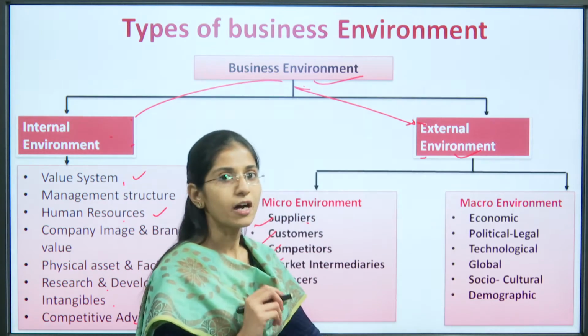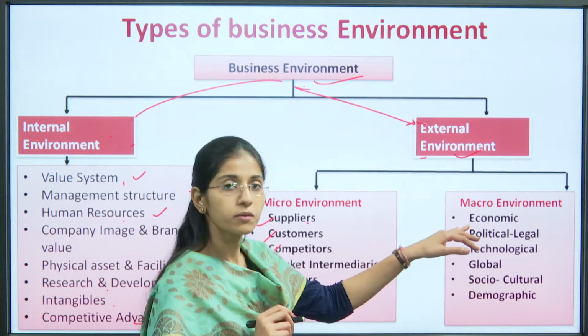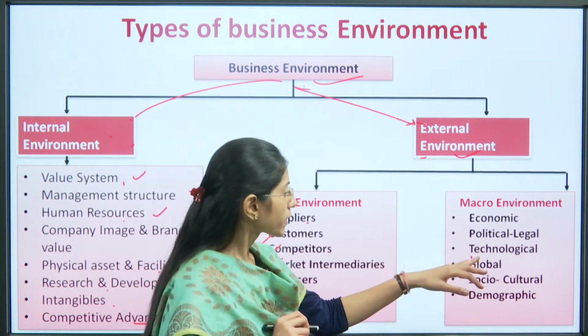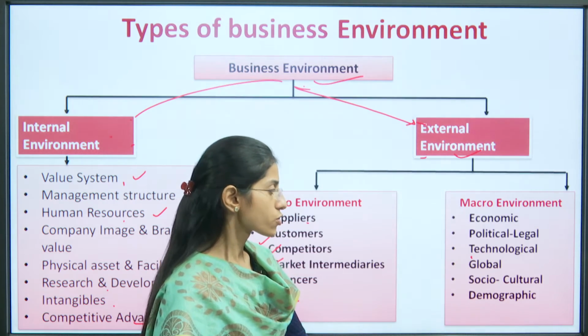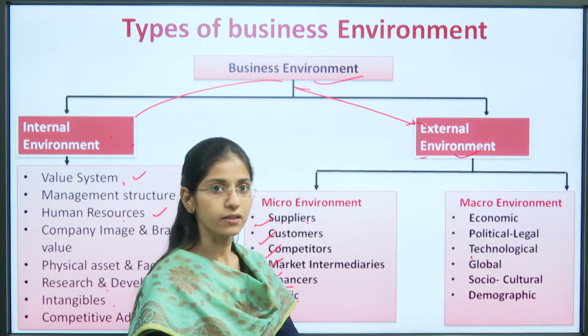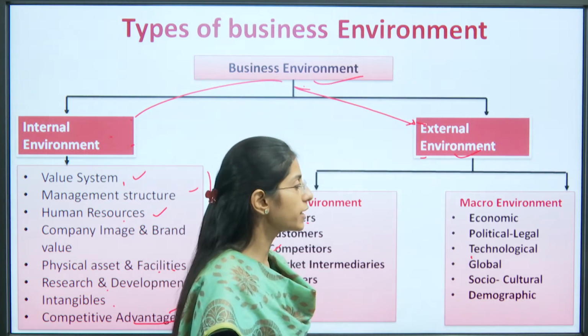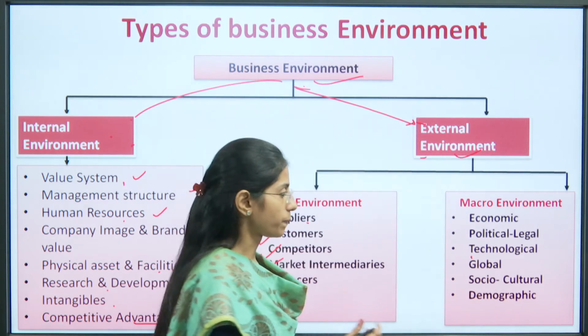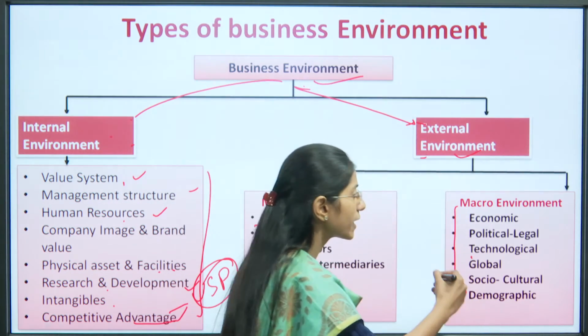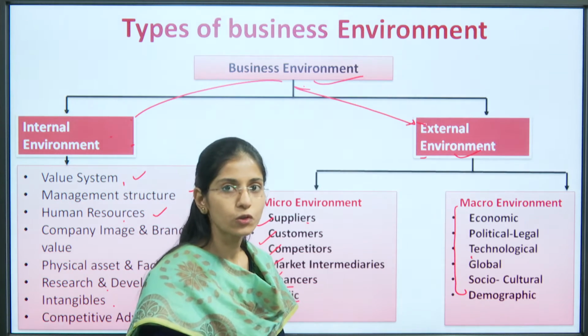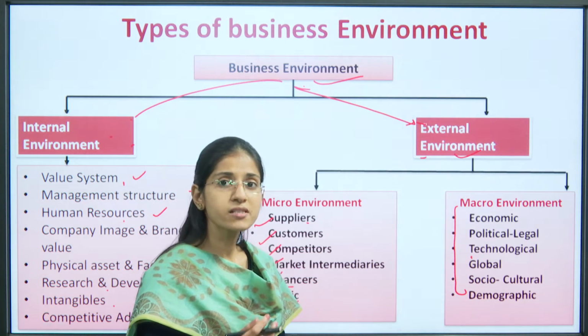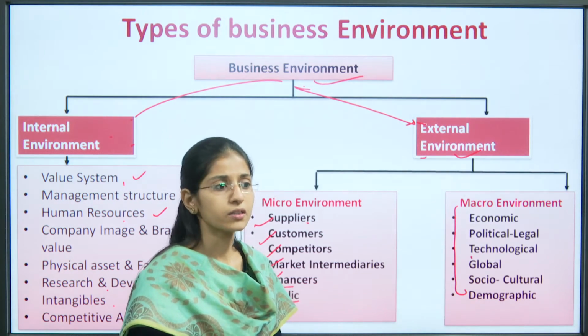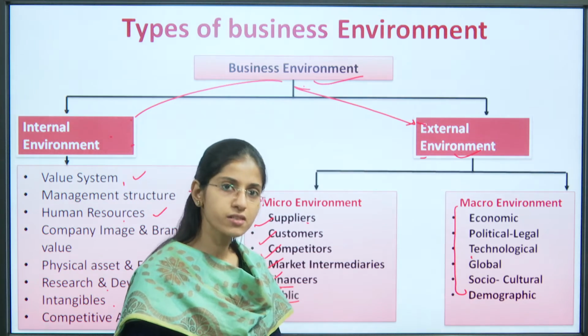Under the macro environment, factors like economic, political, legal, technological, global, social, cultural and demographic factors lie, and these components are said to be an area which is outside the control of the business organization. A business cannot control the upcoming changes in the economy.